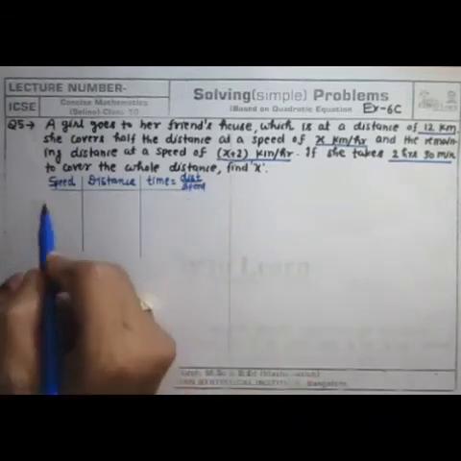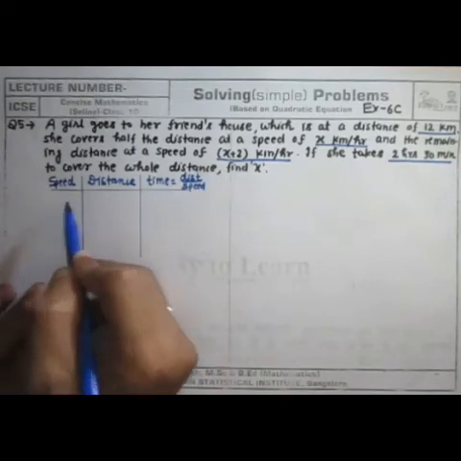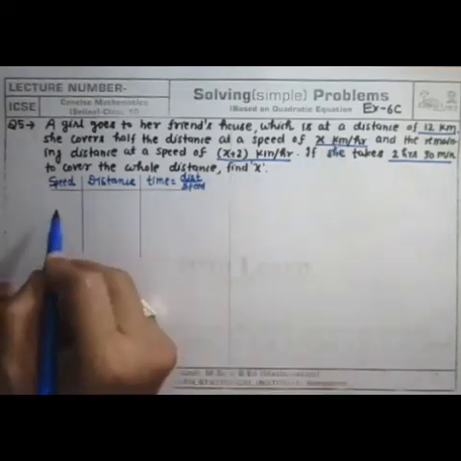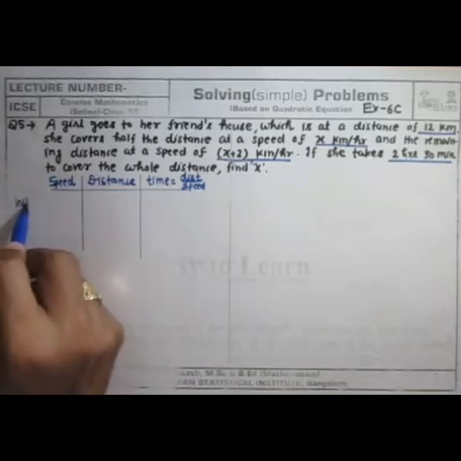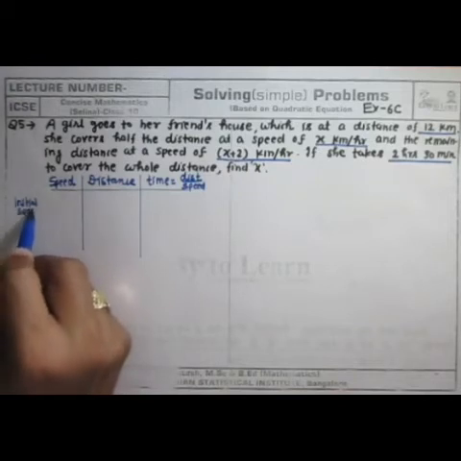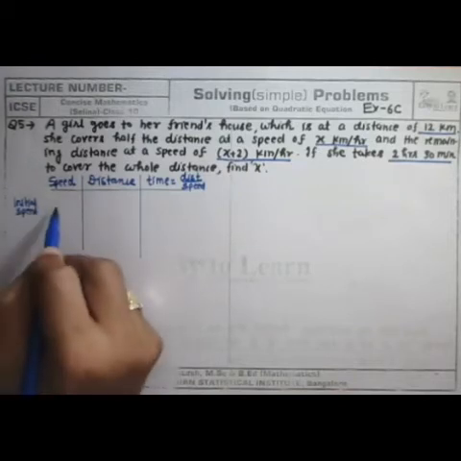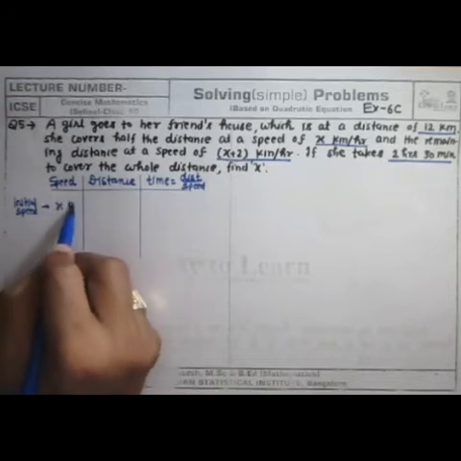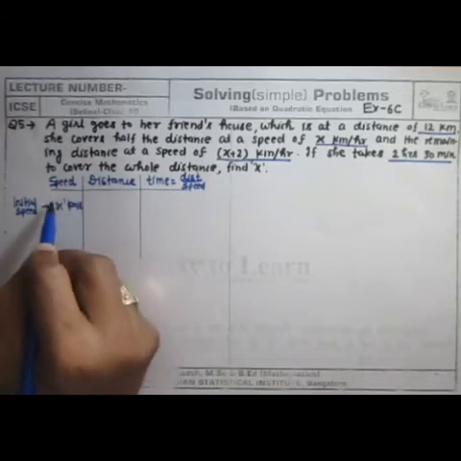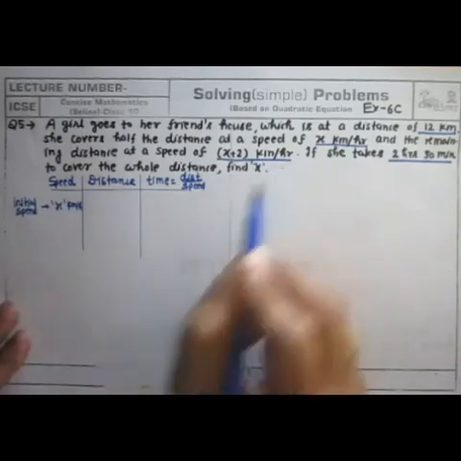Now, the first half distance is covered at x km per hour. So the initial speed for the first half distance is x km per hour. The unit will be kilometer per hour.